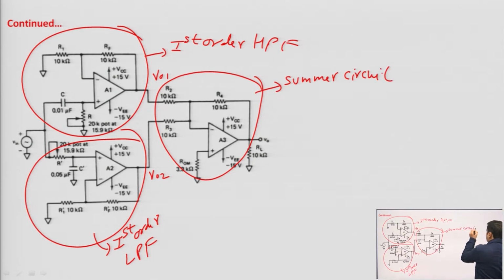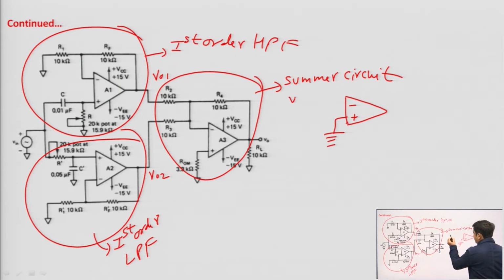I had explained it in the earlier classes, when I was discussing the applications of the inverting configuration. One of the applications of the inverting configuration is the adder circuit, summer circuit, fine. So, in the adder circuit, if we need to add two voltages, let us say V1 and V2, then we apply this V1 and V2 at two resistors, and these two resistors are connected to the inverting configuration, and of course, there is a negative feedback.